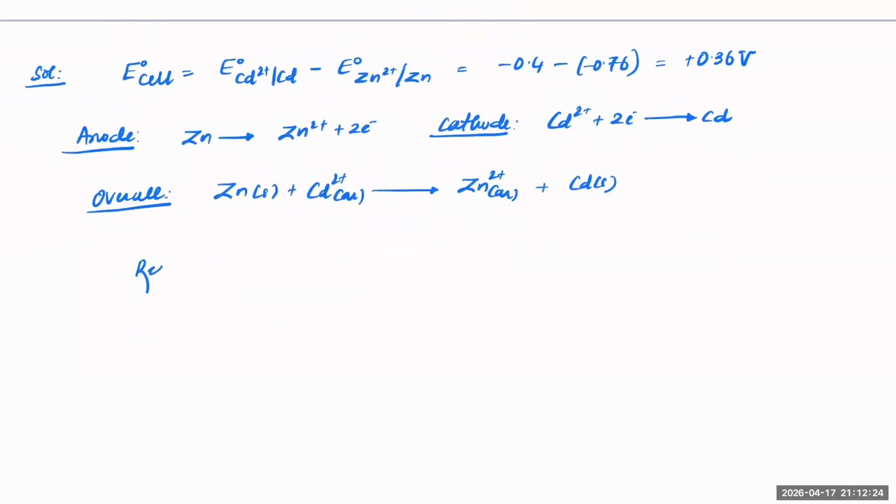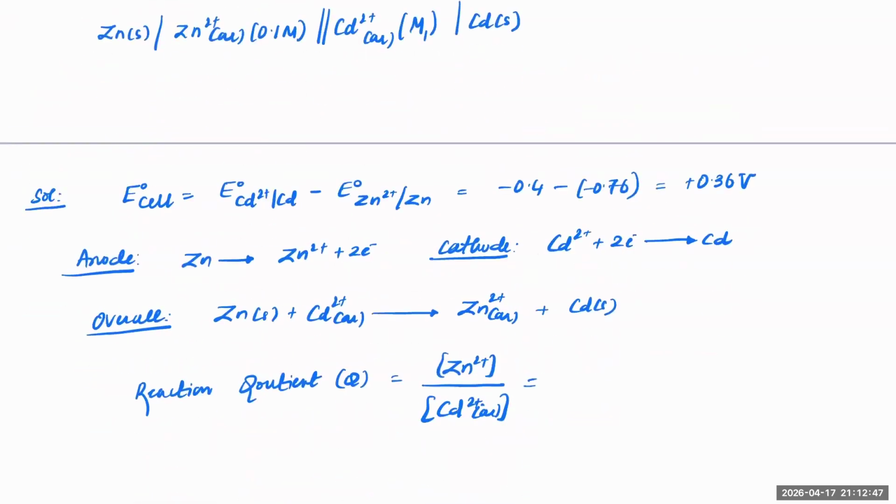From here I can calculate the reaction quotient, represented as Q, which is Zn2+ concentration upon Cd2+ concentration. The rest of these metals are in solid state, so we don't have to consider them.